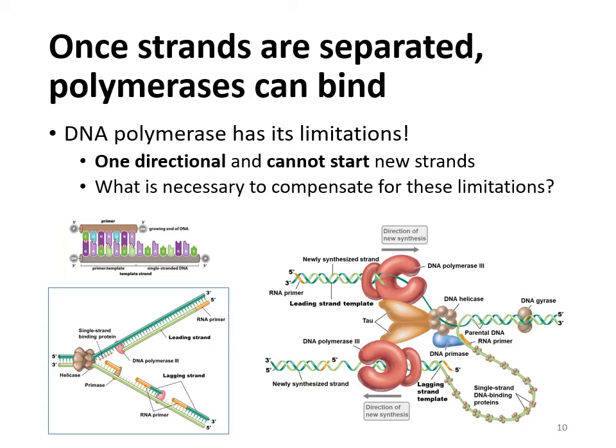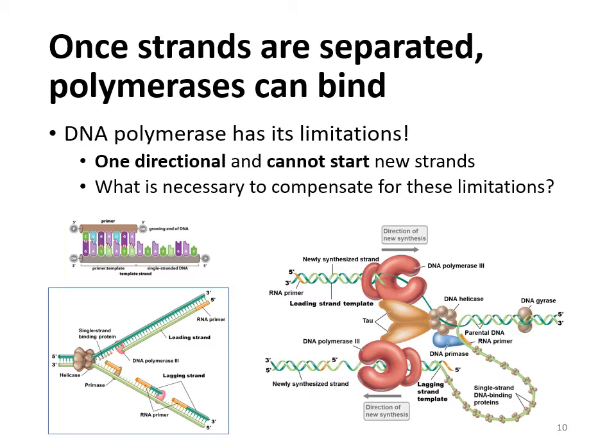So that makes us wonder what's necessary to compensate for these limitations. If DNA polymerase can't work in any other direction and can't start new strands from scratch, how does new DNA get made? Well, that's where primase comes into play. Primase is a special RNA polymerase that will make little RNA primers, which you see in the figures here. Little RNA primers that will serve as a starting place for the DNA polymerase to then build off of.